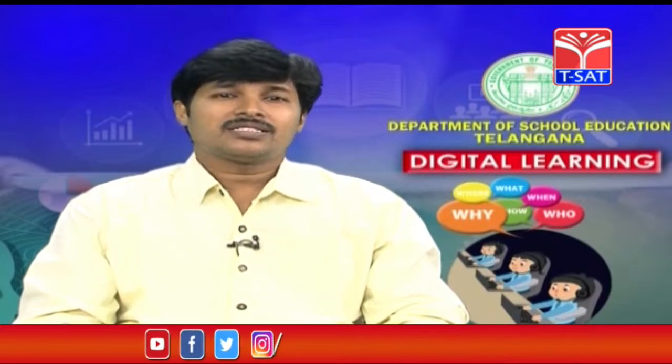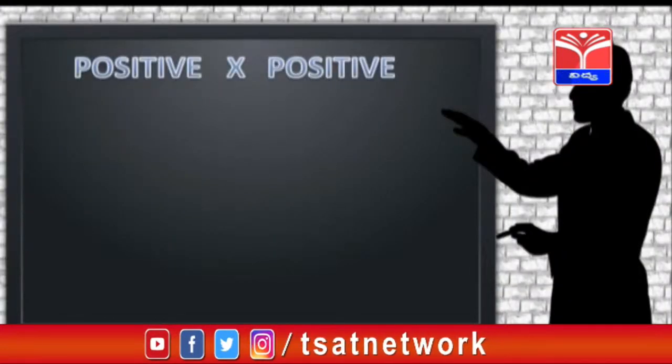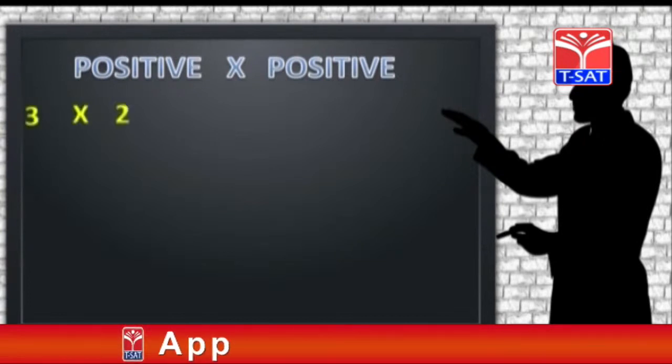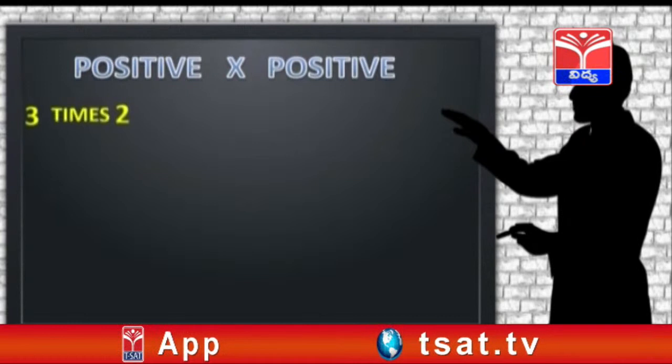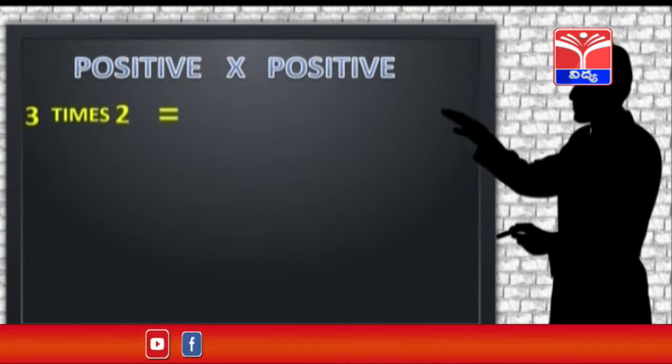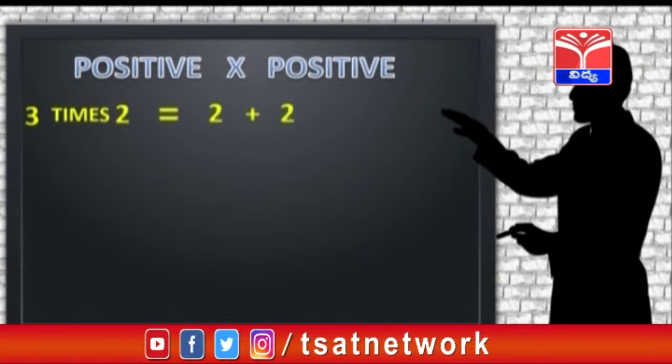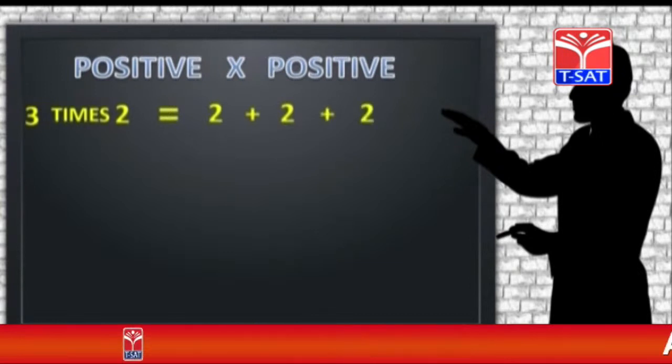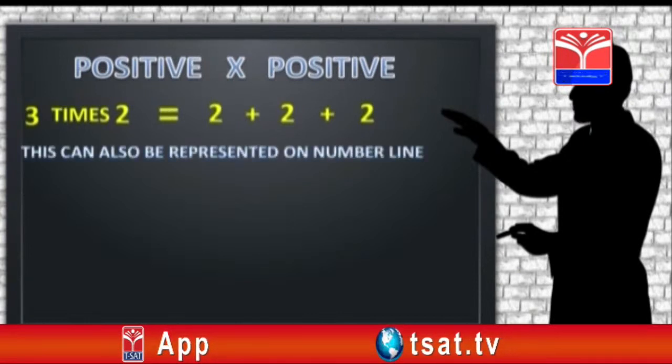So let us go for the first product, positive times positive. 3 into 2, that means 3 times 2. Students, you know that 3 times 2 means 2 is added 3 times, 2 plus 2 plus 2. This is the actual meaning of 3 times 2. 2 is added 3 times. And this can also be represented on number line.